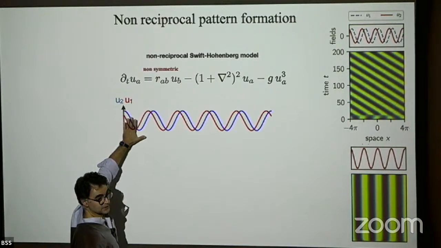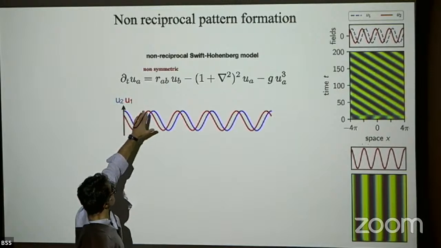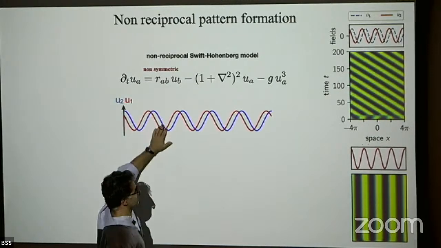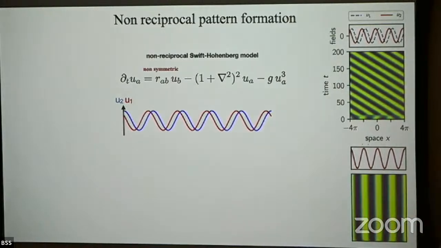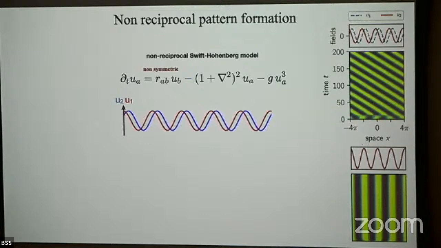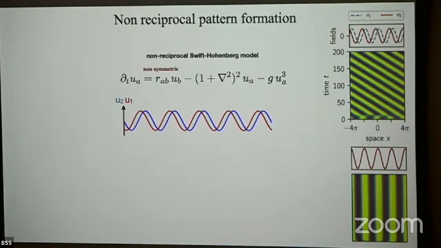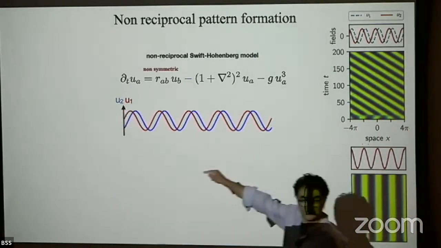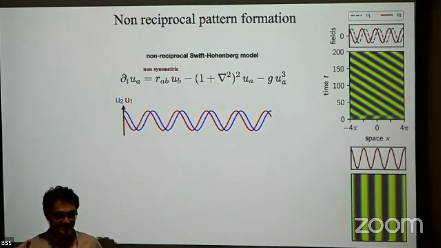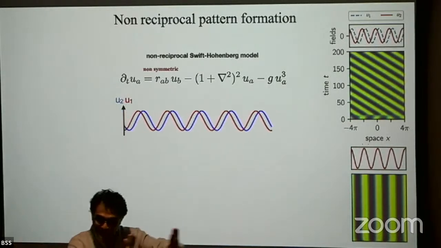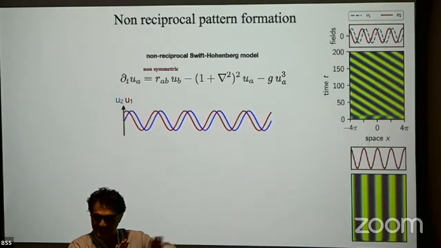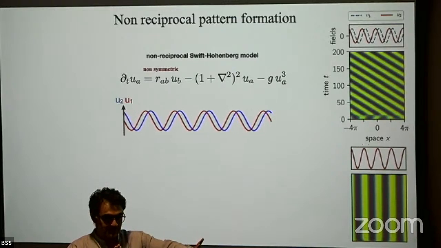In the limit in which the non-reciprocity is large, so this is strongly non-symmetric, what you see is the following. Either it moves to the left or it moves to the right, spontaneously broken symmetry, restoring the initial translational symmetry in a dynamical fashion.